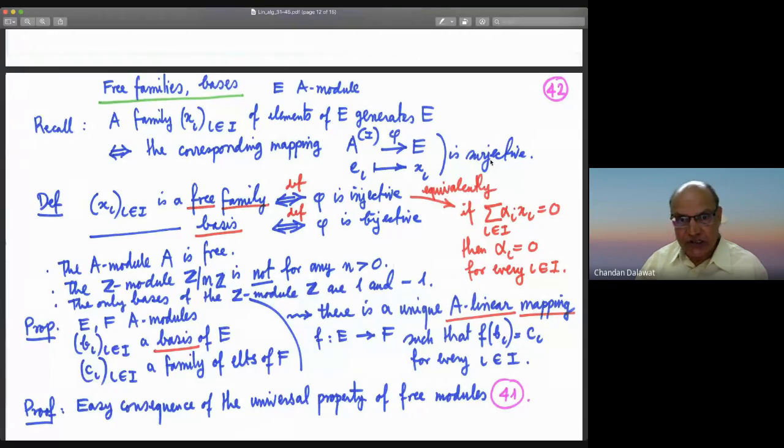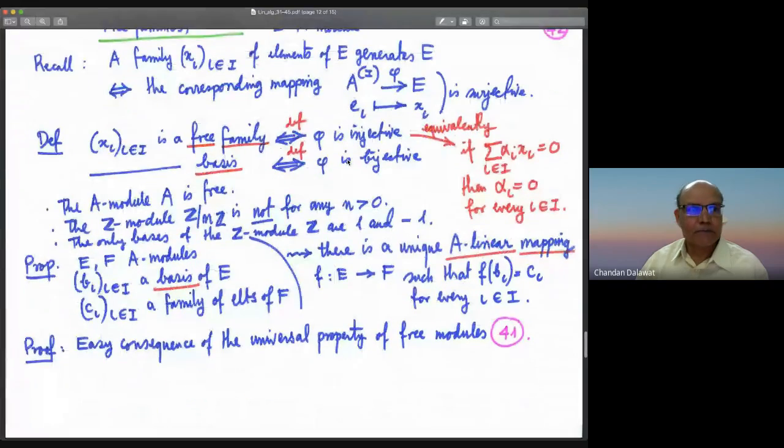If this mapping is surjective, this family generates the module. If it's injective, we say that the family is free. If it's bijective, we say that the family is a basis. So these are very important concepts.